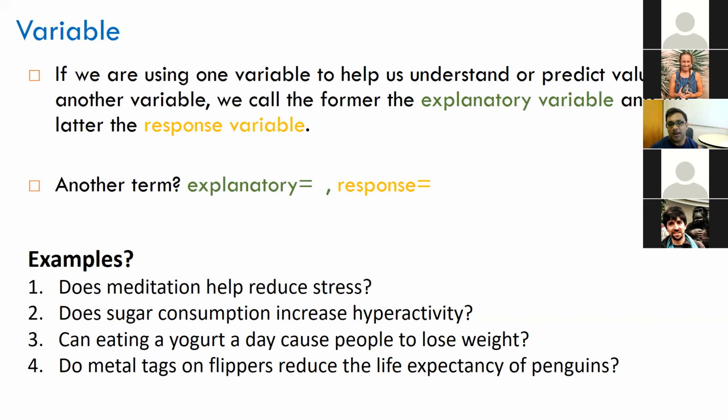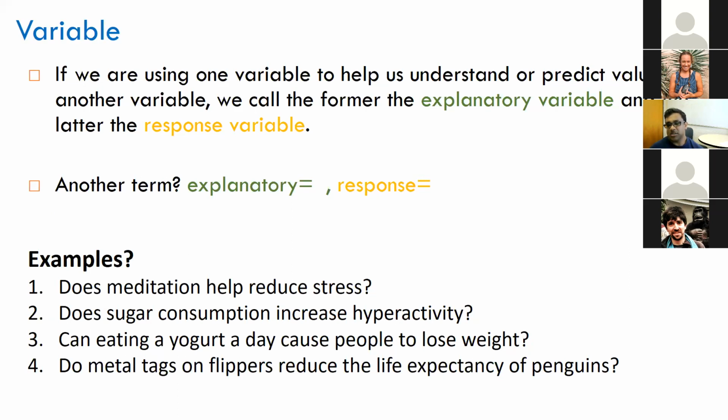So in this question, does meditation help to reduce stress? What are you going to measure? Whether the stress reduces or not. So you are measuring the stress. So the explanatory variable is meditation. You do meditation or not. So your explanatory is whether you do meditation or not.